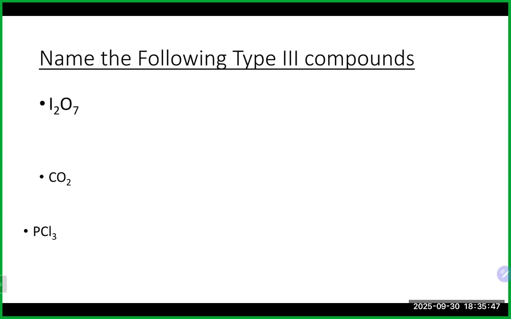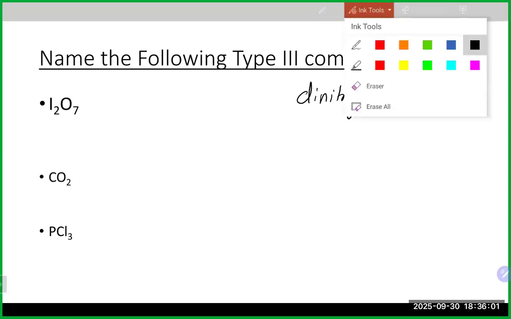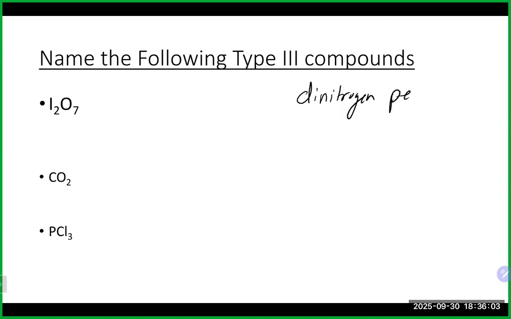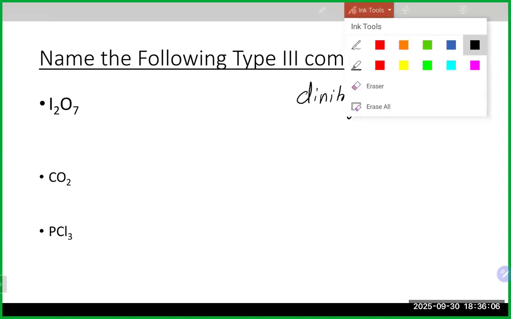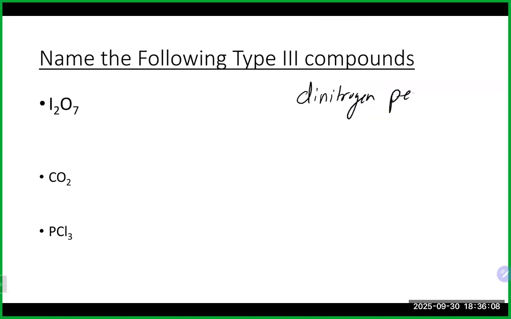All right, so why don't you name those and give some formulas here. Let's do dinitrogen pentoxide.